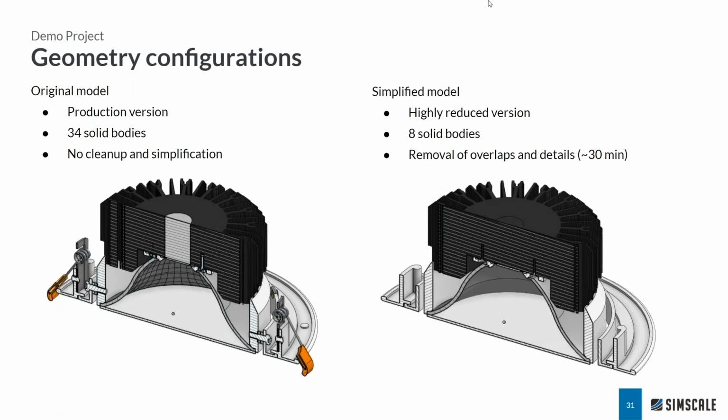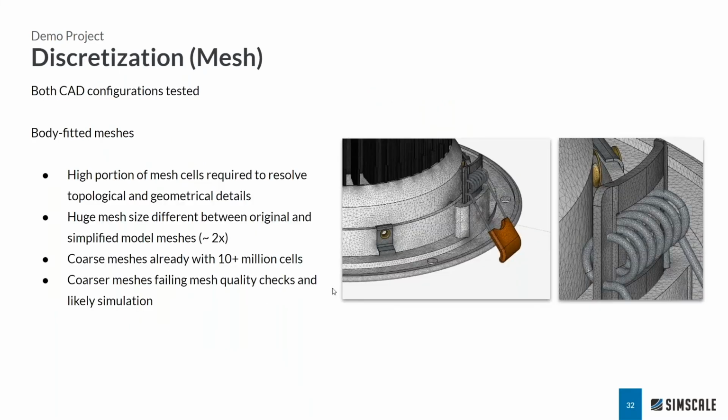We came up with a highly reduced version with only 8 solid bodies left. Some things merged, many of the tiny components are gone and were replaced, and the holes were filled. We also removed overlaps in the parts, whereas in the original model we still have tiny overlaps that are then treated by the solver, but we'll see that in a second.